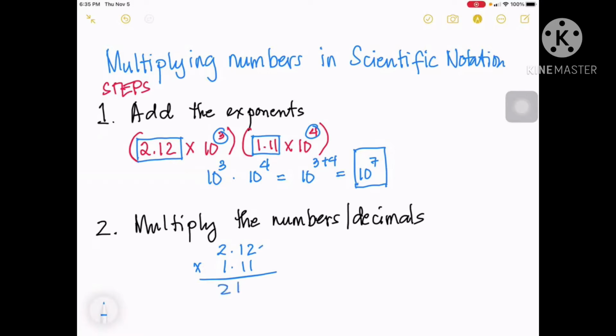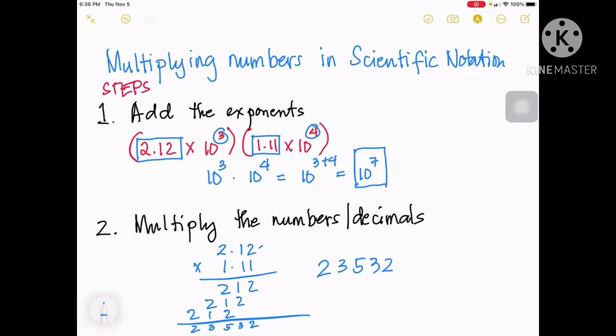So we have 212, and then 212, 212. We leave spaces here, moving to the left. So bring down 2, and then 1 plus 2 will give you 3, and then 2 plus 1 plus 2 will give you 5, and 2 plus 1 will give you 3, and the last one, bring down 2. So as you can see, we have the product 2, 3, 5, 3, 2.